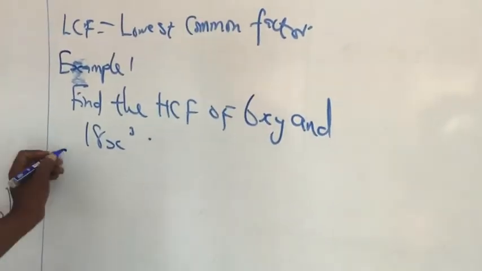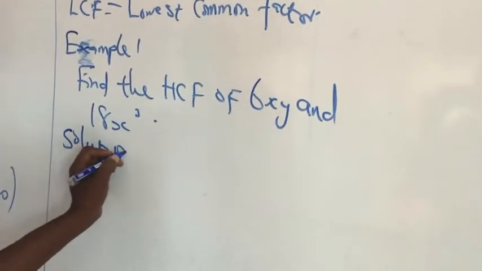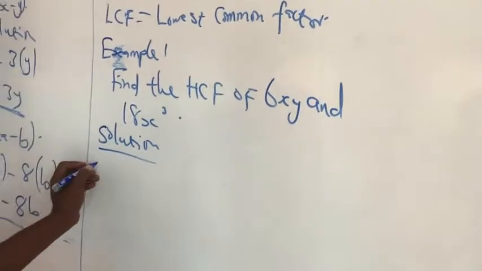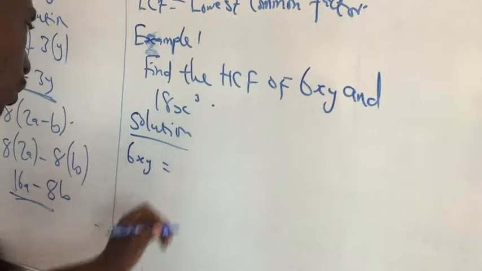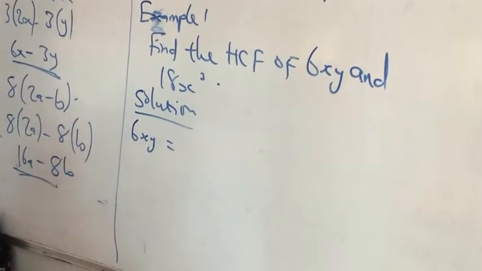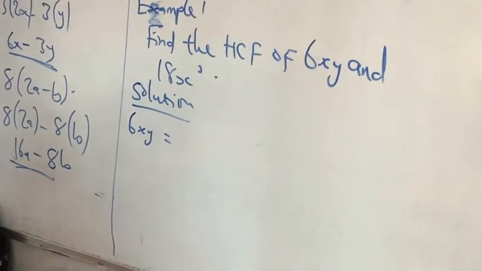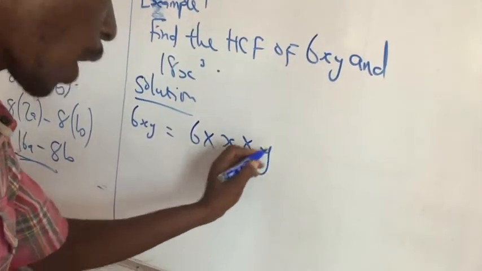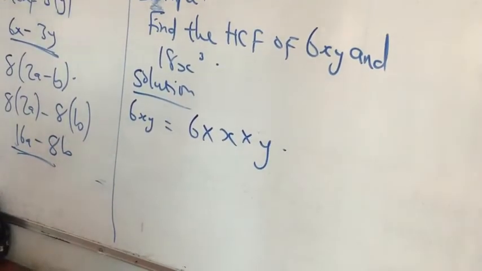If we are to solve this, it is easy. Let's make it a simpler way. This is 6xy. If we want to divide 6xy, we can have it to be 6 times x times y. We have split it out.